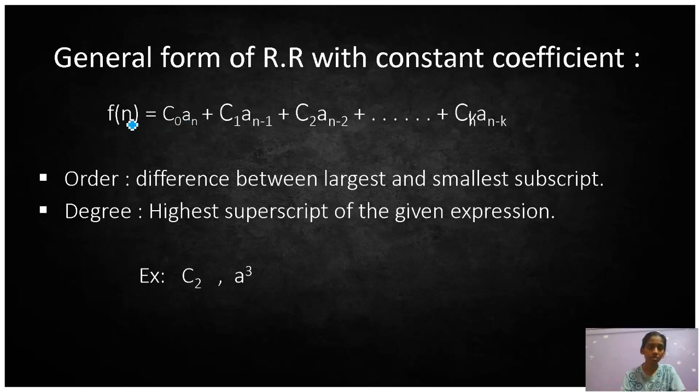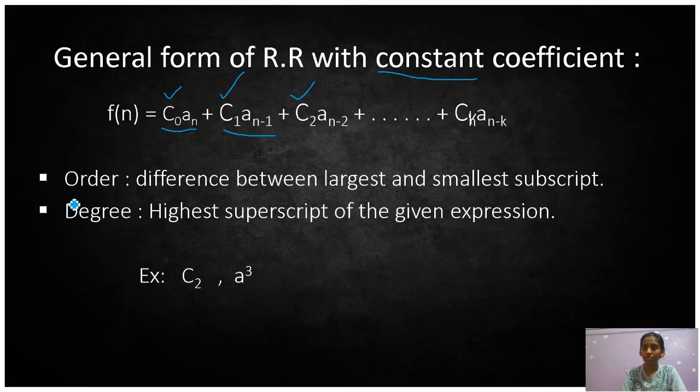The general form is f of n is equal to c0 an plus c1 an minus 1 plus c2 an minus 2, and so on up to ck an minus k, where c0, c1, c2 up to ck are known as constant coefficients, and an minus 1, an minus 2 are all known as variables.